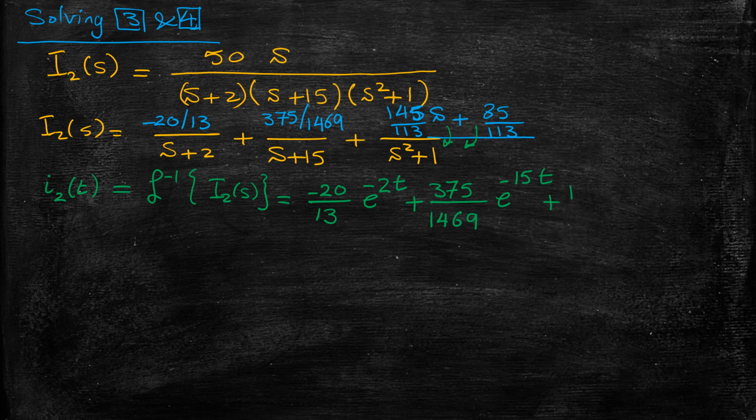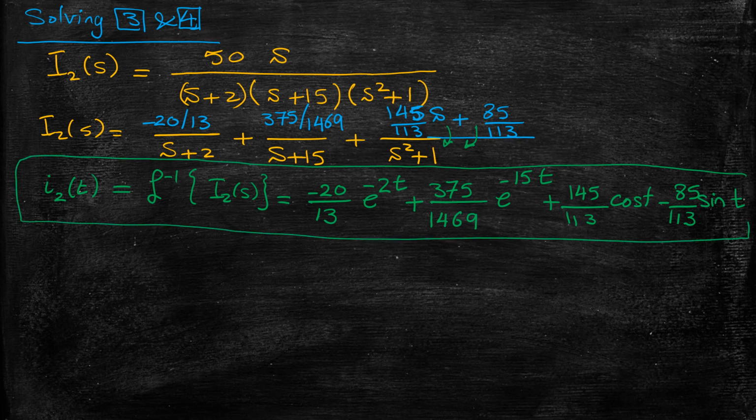So we have this term, which is 145 over 113 cosine t, and the last term, which is 85 over 113 multiplied by sine t. So this whole term here is our I2 of t. Here, what we can do afterwards is check whether I2 of 0 equals 0 or not. And it should be equal to 0.